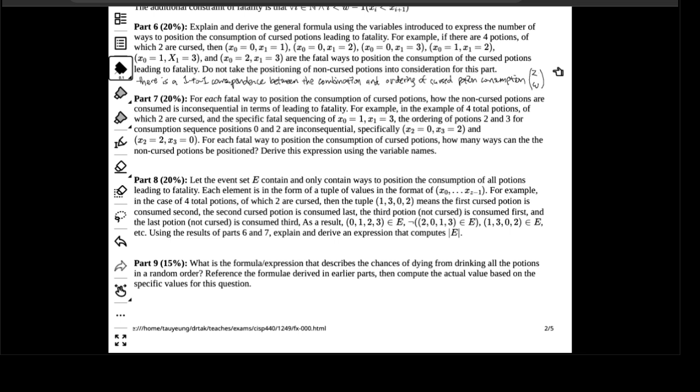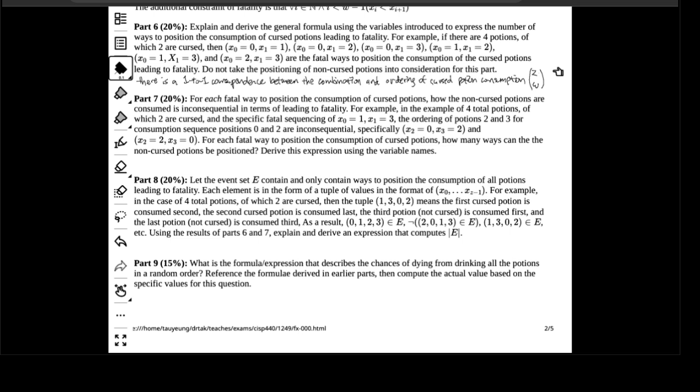And then for part seven, for each fatal way to position the consumption of cursed potions, how the non-cursed potions are consumed is inconsequential in terms of leading to fatality. So I'm using an example here again, using the four total potions of which two are cursed. In this case, I'm particularly looking at the case of x0 equals 1 and x1 equals 3, which basically means potion 0 is consumed second, and then potion 1 is consumed last.